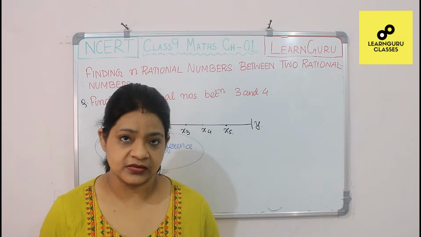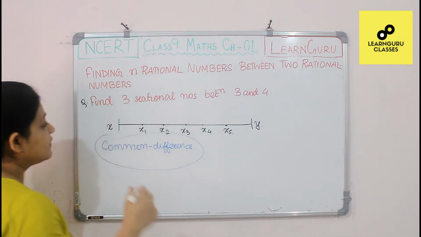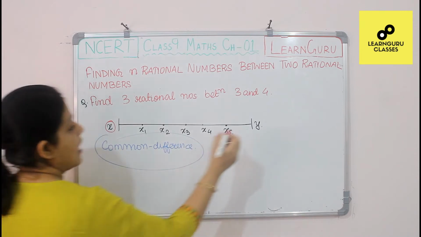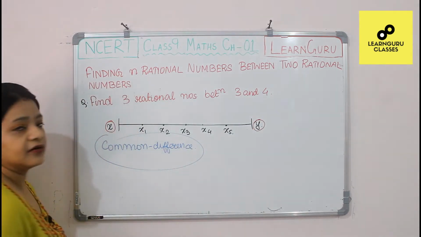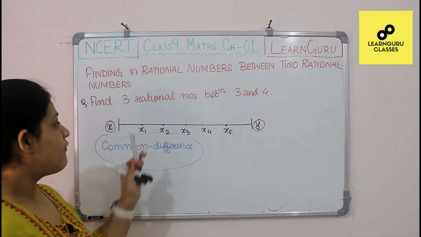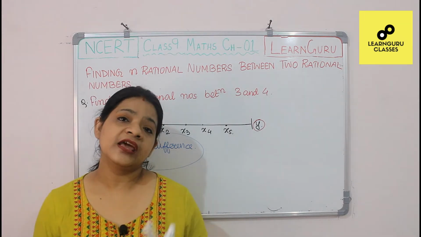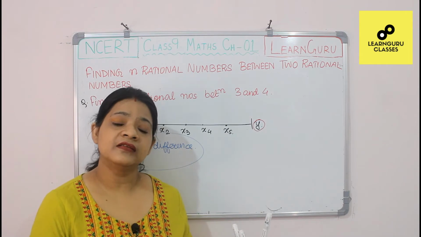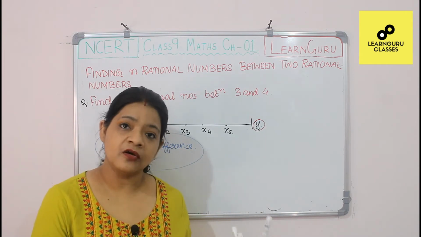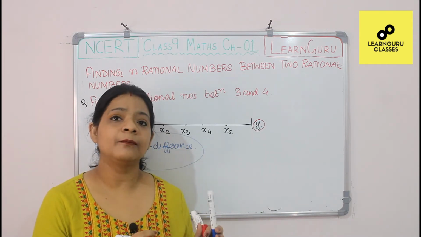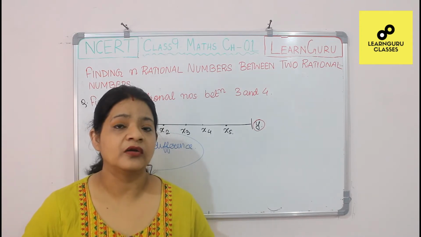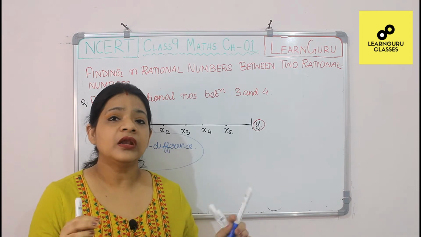If this concept is clear to you, then it will be very easy for you to solve the problems using these two methods. Now let's consider x is one smaller number and y is one greater number. For that I will take the example of a train, where x is the starting place, and y is the final destination you want to travel to.